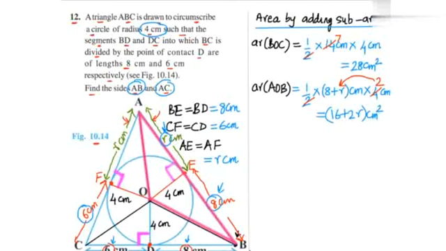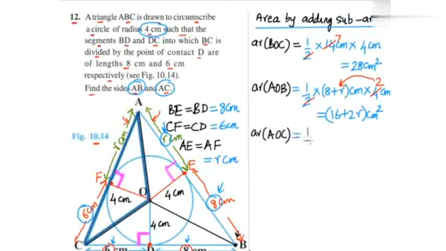Now similarly, let's find the area of triangle AOC, the third part of the whole triangle. So the area of triangle AOC, again we apply half into base into height. This time the base is AC, and we can see that AC will be 6 plus R. So FC is 6 and AF is R, so AC is 6 plus R centimeters.